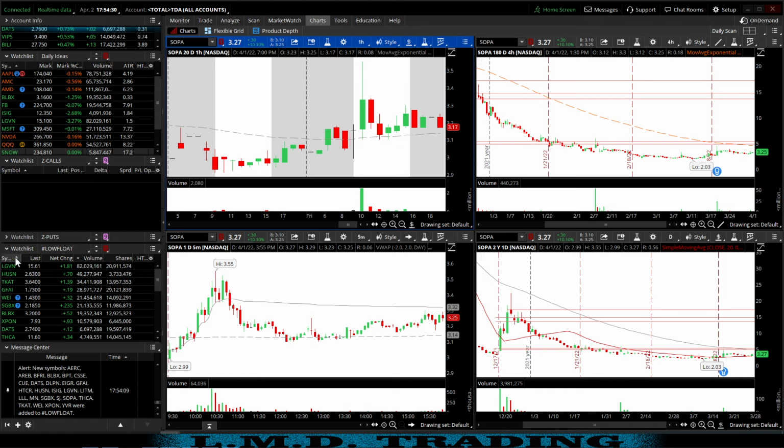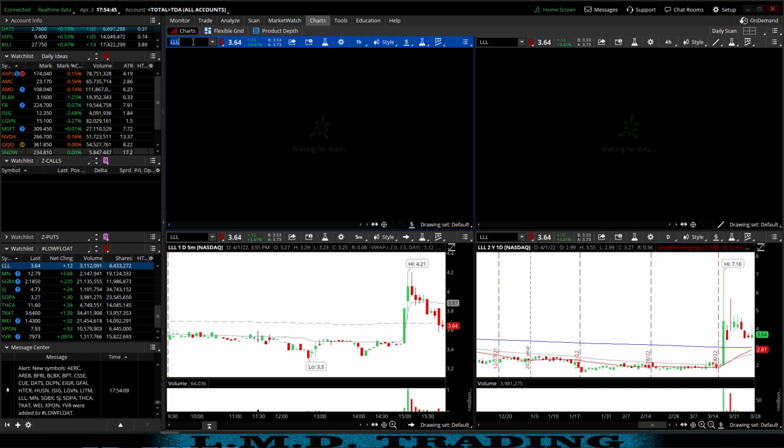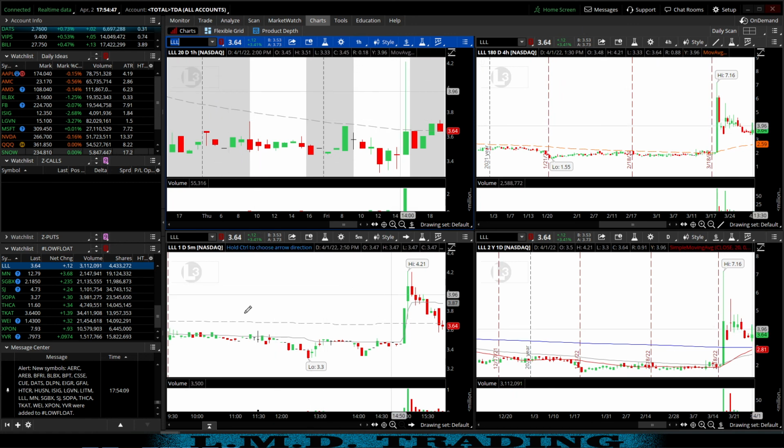So you can either have this sorted and then scroll and look for that one, or let's say it just popped up and told us that LLL was just added. You could just come up here and type in LLL, and there you have it on your sheet and on your charts. We see LLL didn't pop until almost end of the day, but it is on our low float watch list.